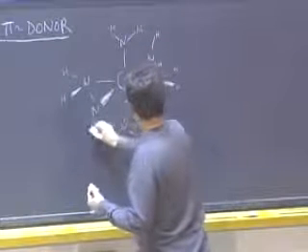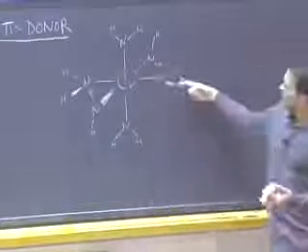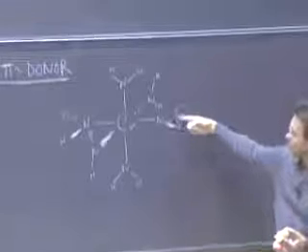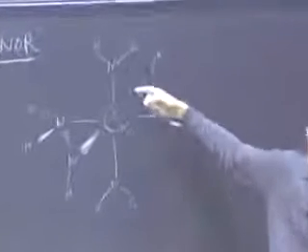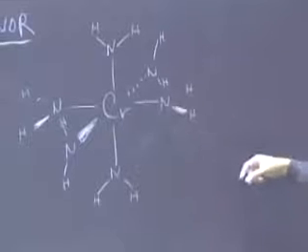And what you see is that the planes of these NH2 units are aligning up with the coordinate xz, yz, and xy planes, Cartesian planes in the molecule.